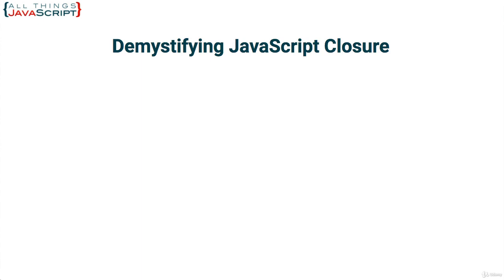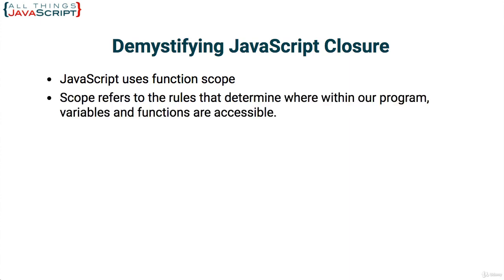Now, closure is closely related to scope. So I want to define scope briefly as a starting point. JavaScript uses function scope, meaning functions determine the scope of items that are declared within that function. And scope basically refers to the rules that determine where within our program, the program we write, variables and functions are accessible.